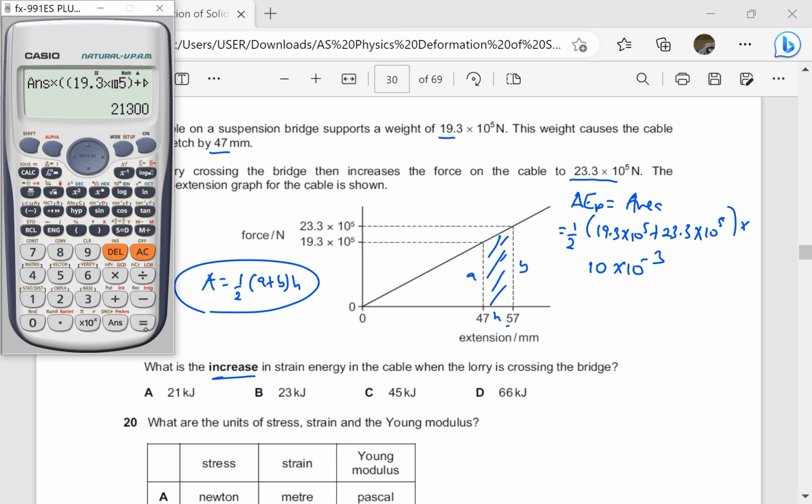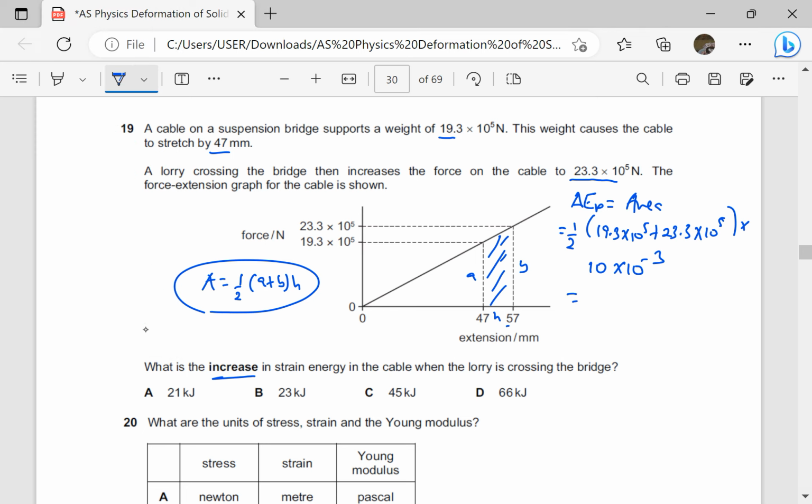So this is giving me 21,300, which is the same as 21 kilojoules. So our answer can be A.